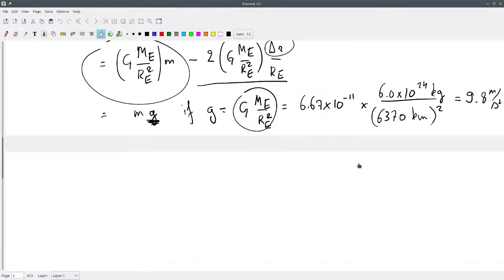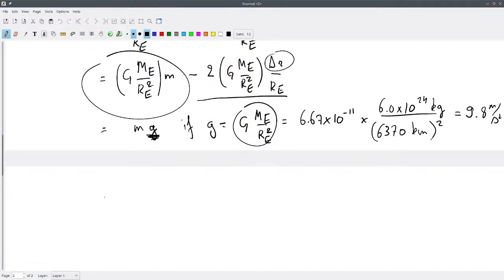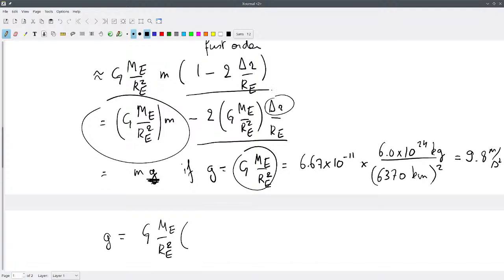So if we think of g as not just the zeroth order term, but we include the first order term, then g will be big G times m_e over r_e squared, and now I can go back to this term here. So it's going to be 1 minus 2 delta r over r_e.